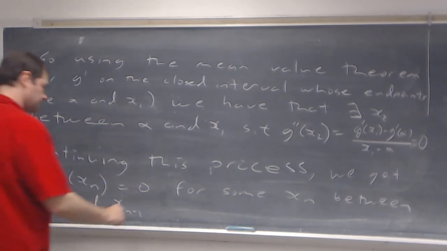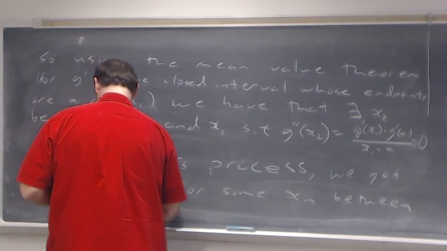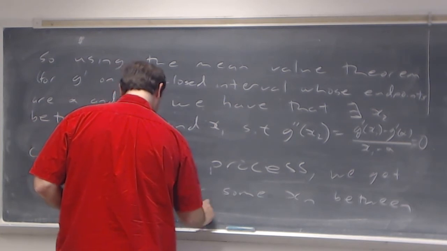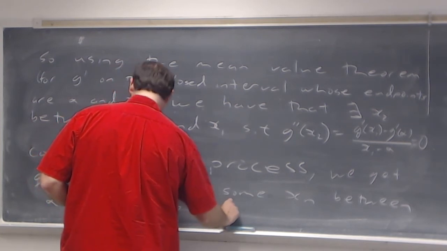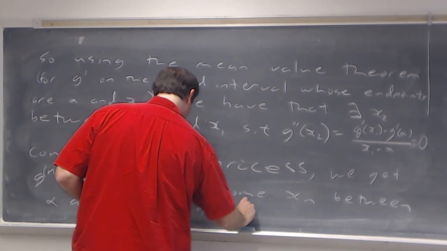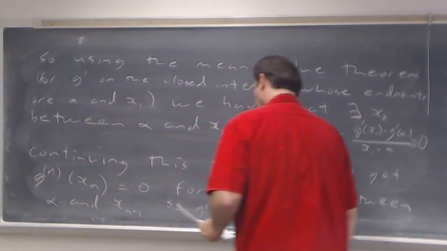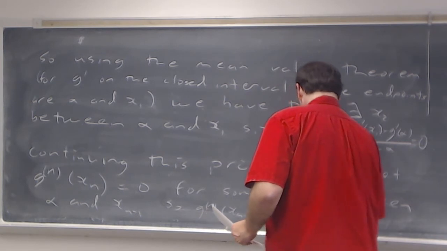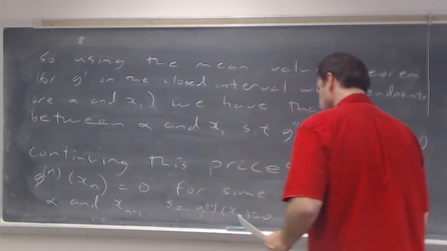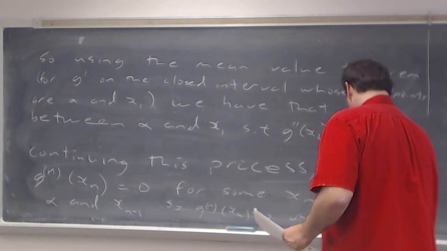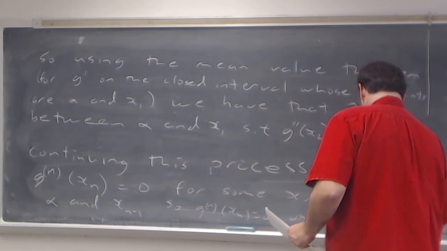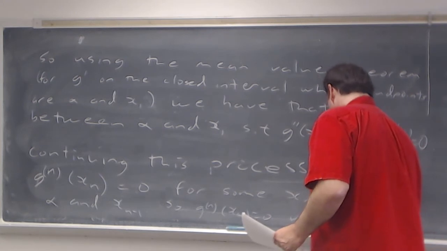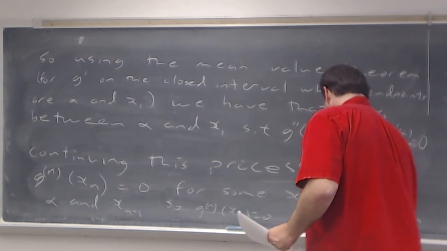And so we have that the nth derivative of g evaluated at x of n equals 0, where x of n is between, not 0, but alpha and beta.